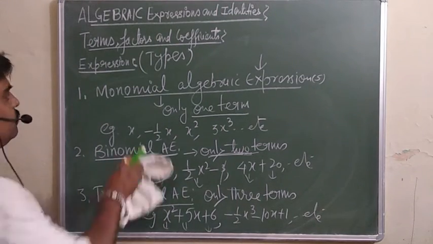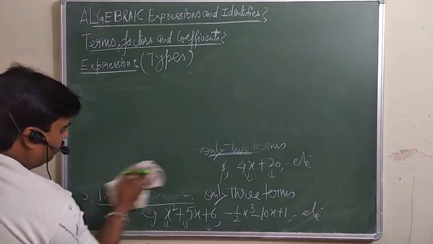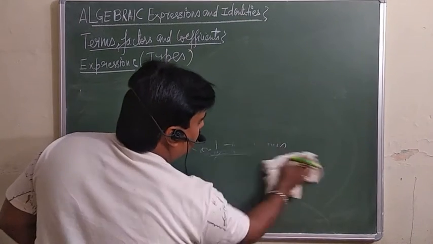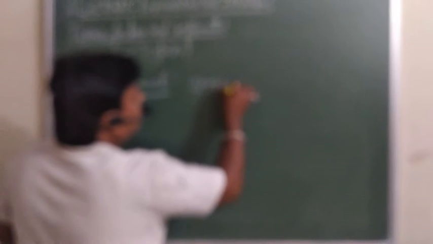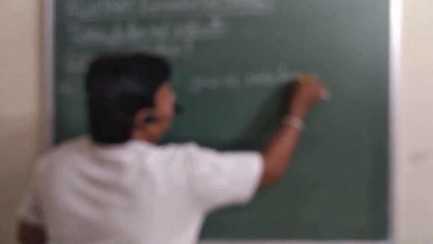So look at here. Polynomial. When will any algebraic expression be a polynomial? So fourth is the polynomial. To become a polynomial, one or more terms. एक या एक से ज्यादा.